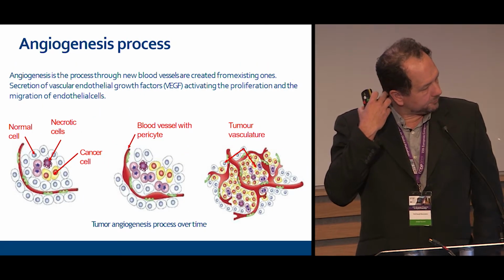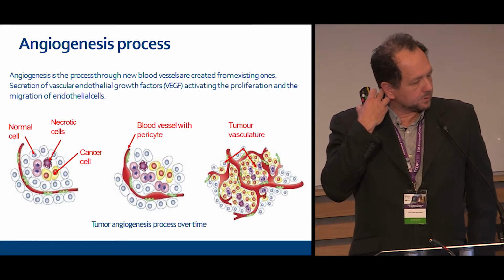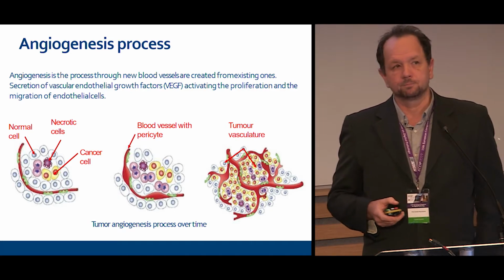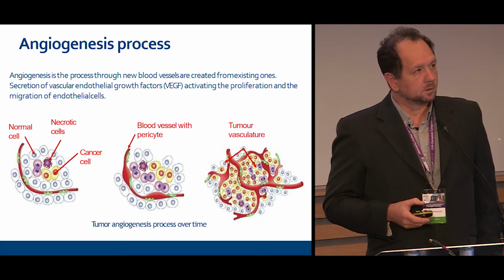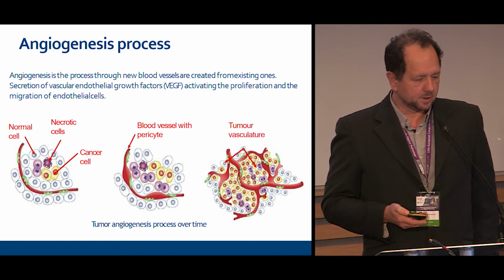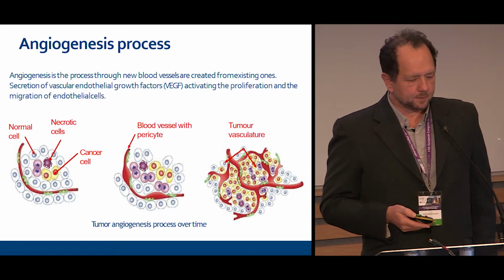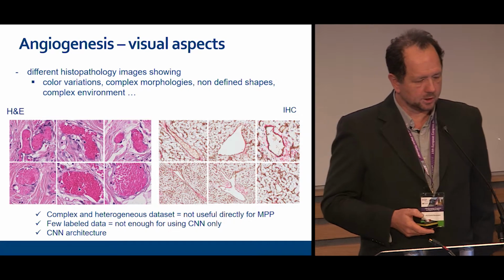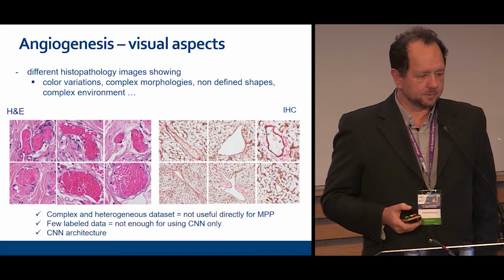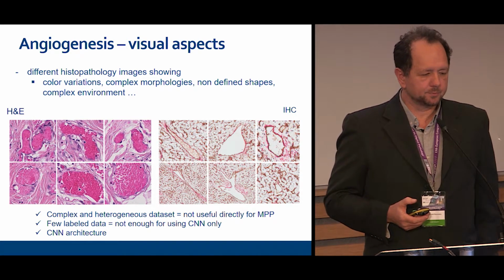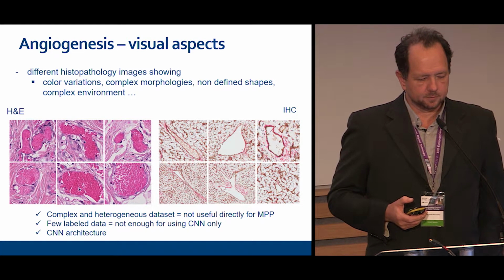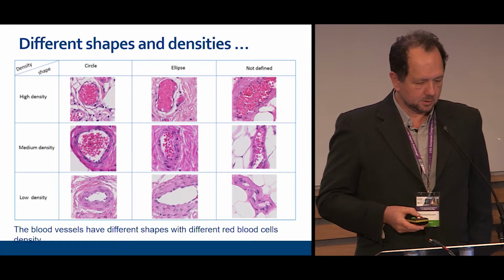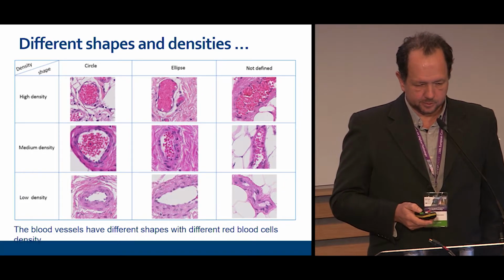It's very interesting to try to quantify this from digital pathology, because you get much more sensitive and, hopefully, precise information. But as you may know, the detection of this kind of features is quite challenging, because you have different shapes. The morphology is very complex, and the densities are different. So as you see in the few examples I tried to select.